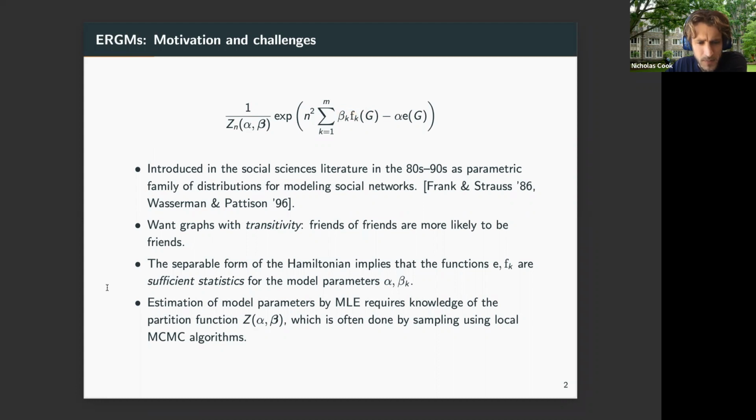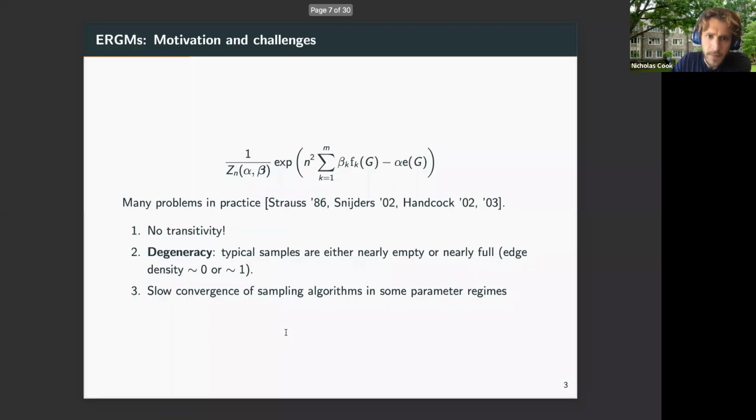And when they go to estimate the model parameters, if you're going to use maximum likelihood estimation, then you need some estimate for the size of the partition function, and for this they would typically estimate it using sampling algorithms of various MCMC type.